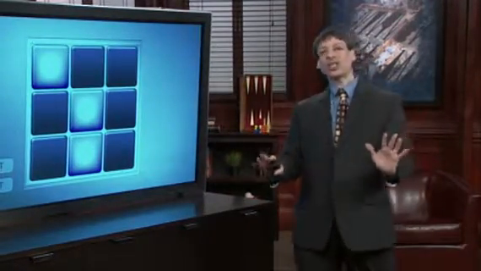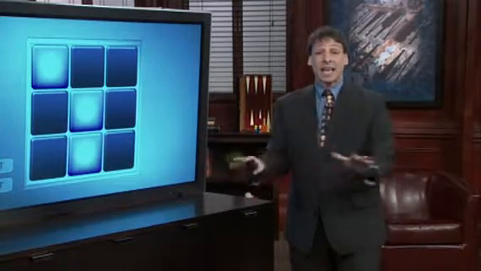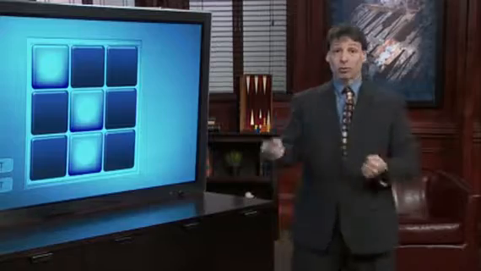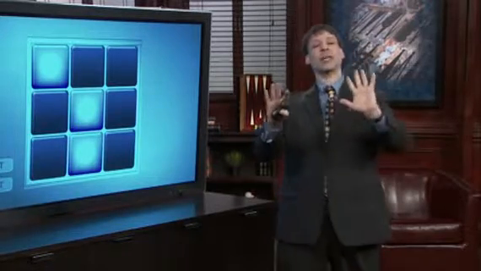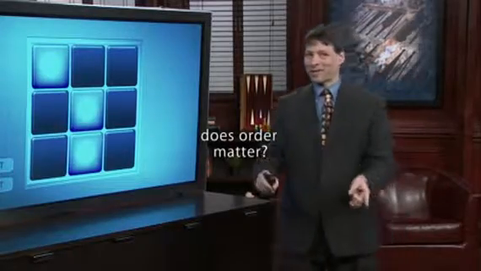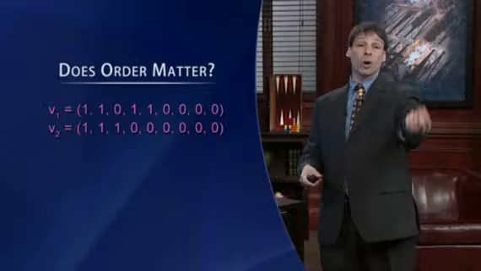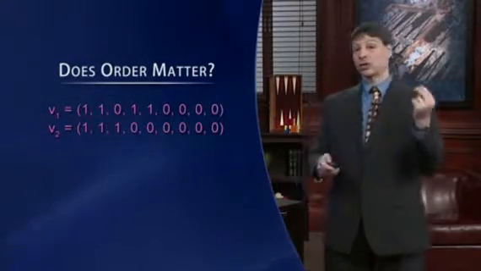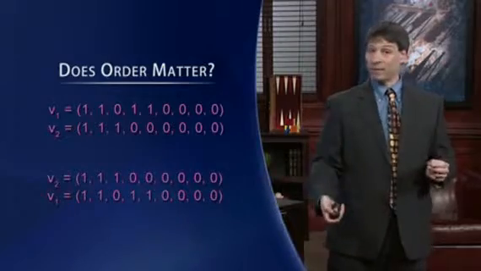So now that you see that pressing a button is the same as adding one of the 9 vectors, v1 through v9, I'll ask you again, does the order that you press the buttons matter? For instance, if you press button 1, then button 2, is that the same as pressing 2, then 1?